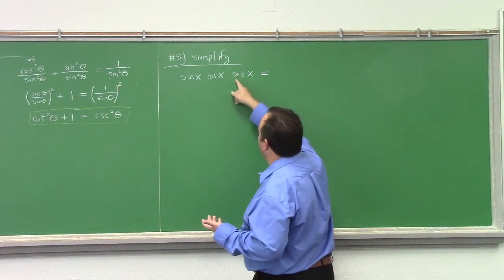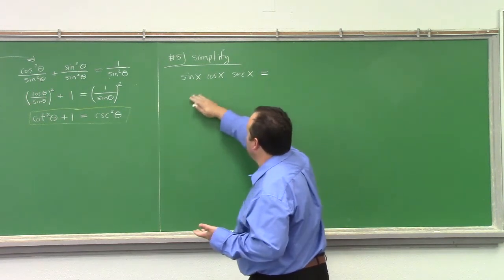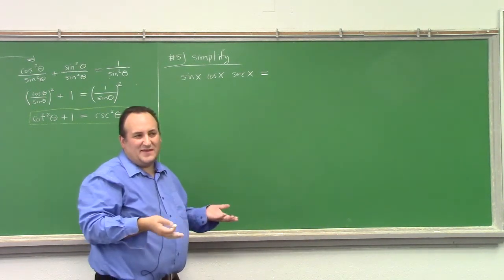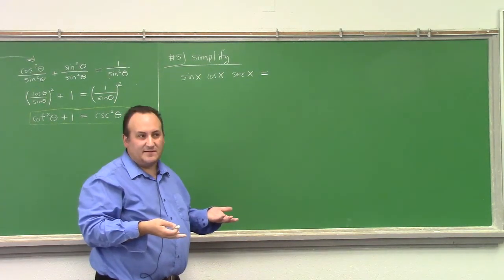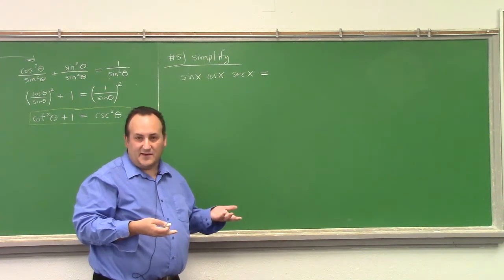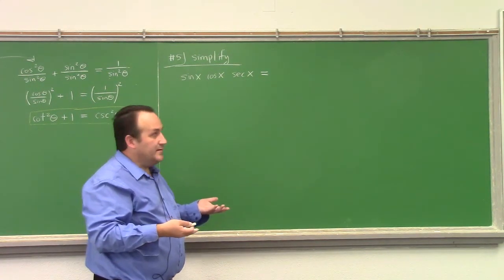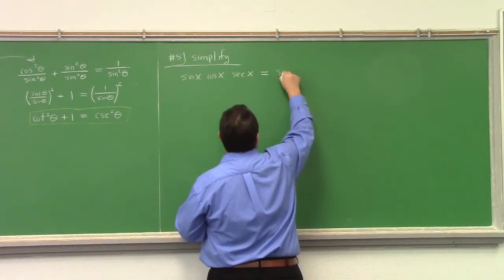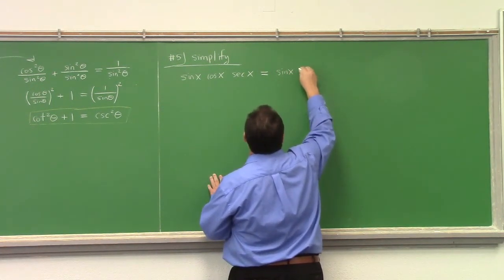But in math, I think as a point of aesthetics, we'd like to make things in terms of sine and cosine if we can, probably. So we want to keep the sine and the cosine, maybe. But what's secant? It's 1 over cosine, right?